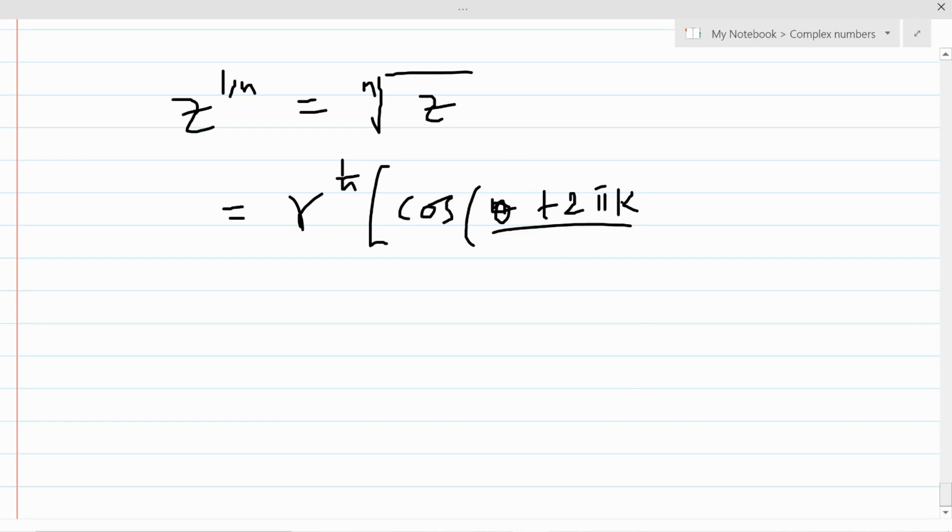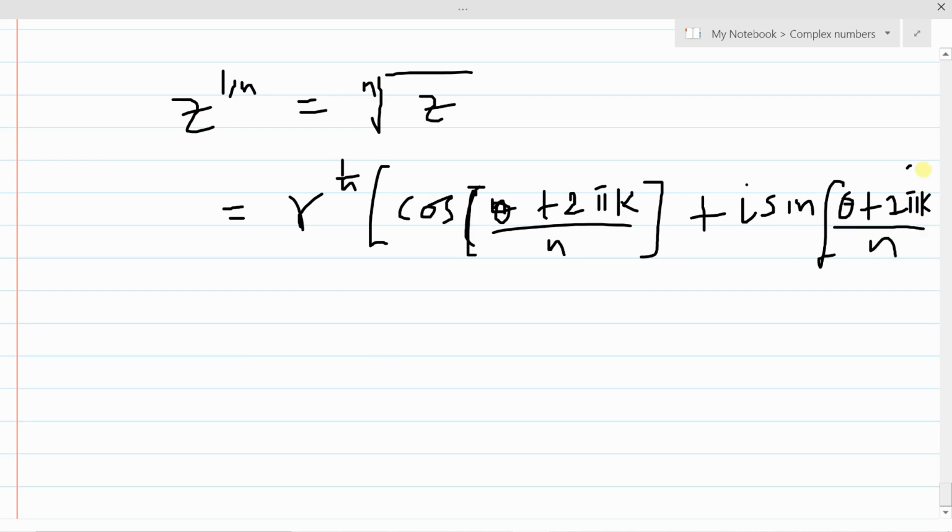I will explain why we are using the 2 pi. This means that we will get different complex numbers in terms of the nth root.